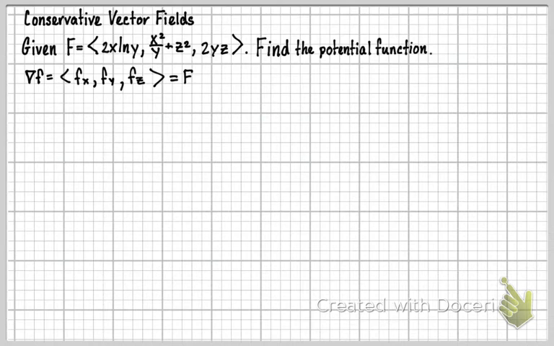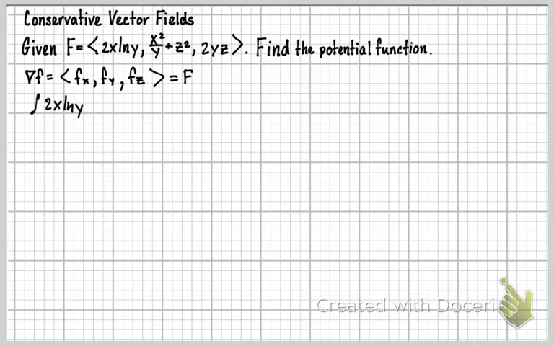So if I'm differentiating to get my vector field, I'm going to integrate to get my little f back, my potential function. I'm going to take the integral of 2x ln y, since that's my first component, my derivative of f with respect to x.